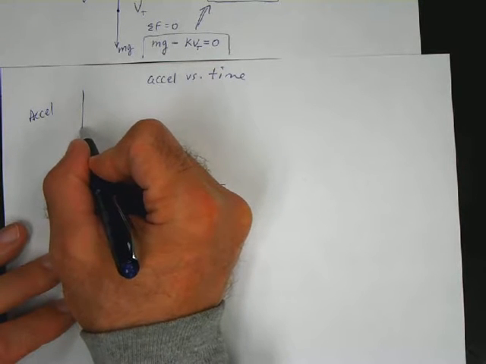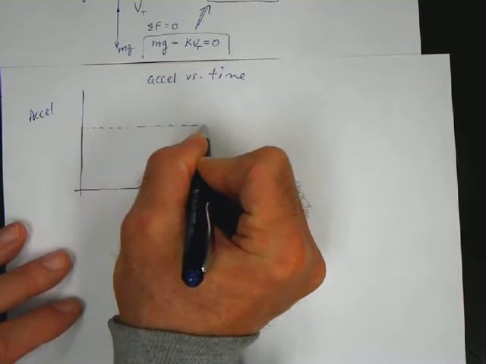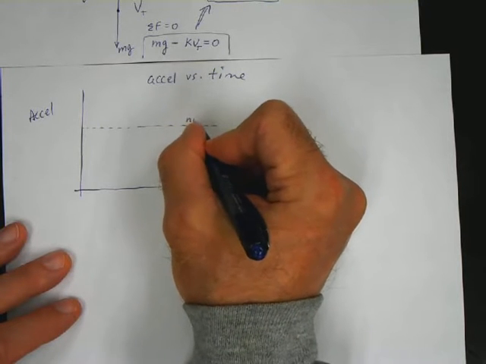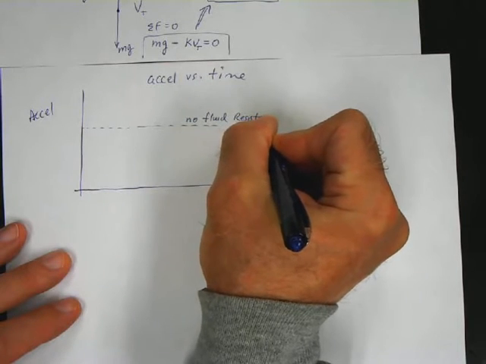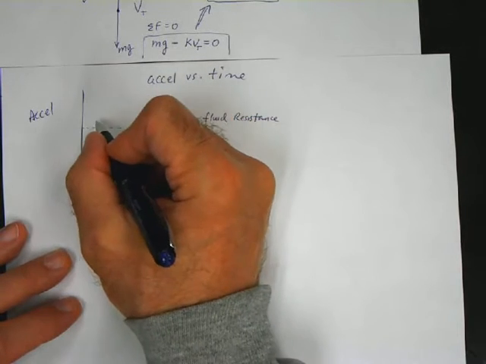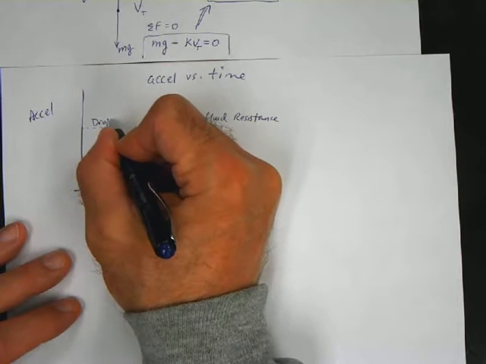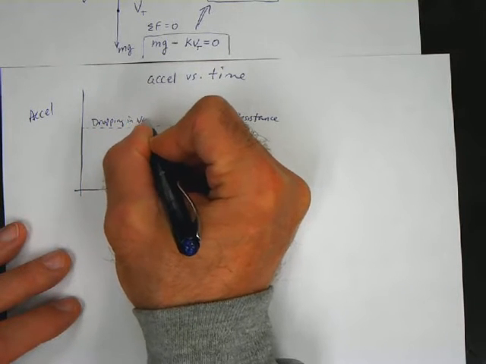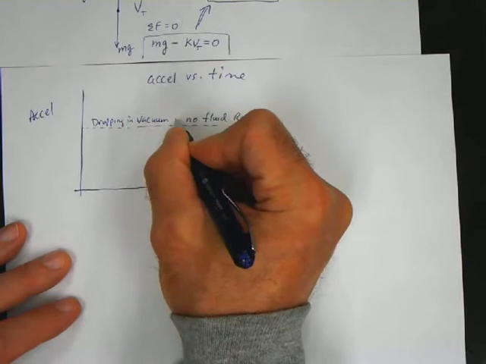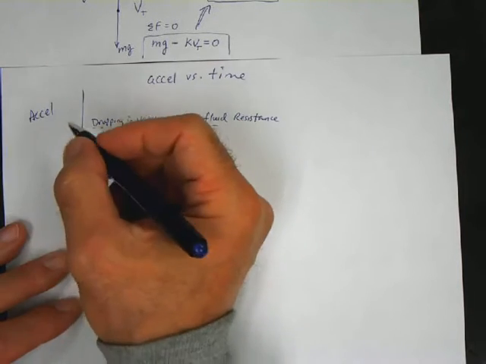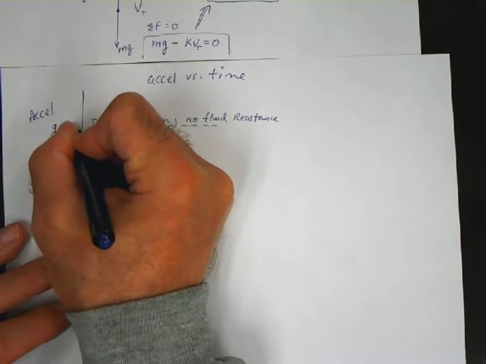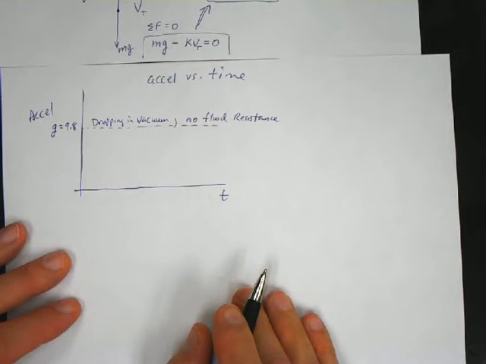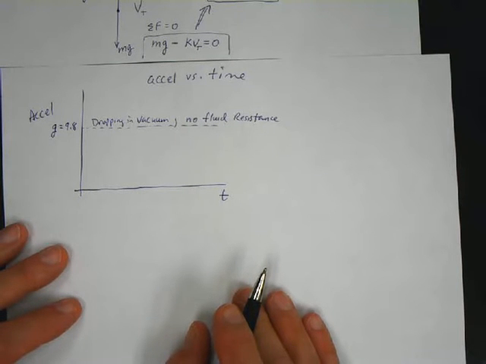If there was no fluid resistance, in other words, if it was dropping in a vacuum, then the acceleration would just be g equals 9.8, wouldn't it? Okay, but with increasing fluid resistance, what happens?